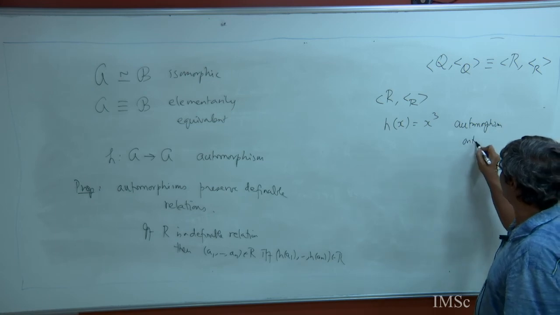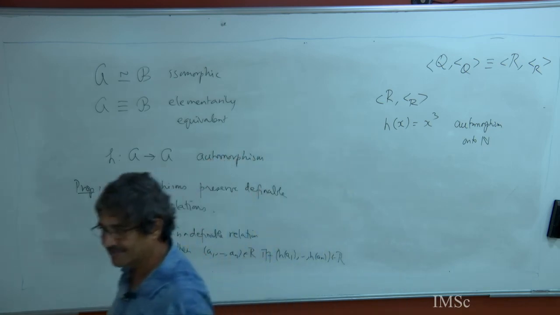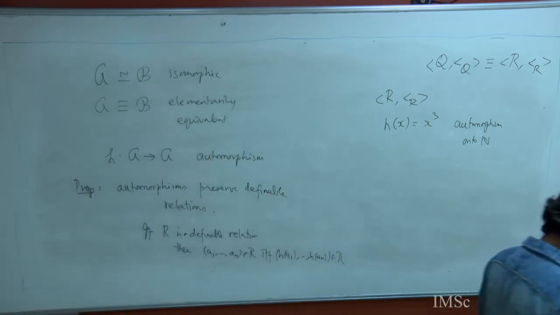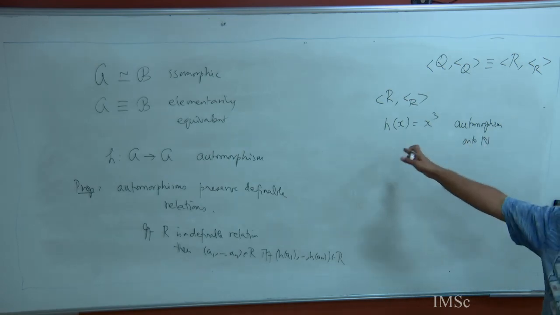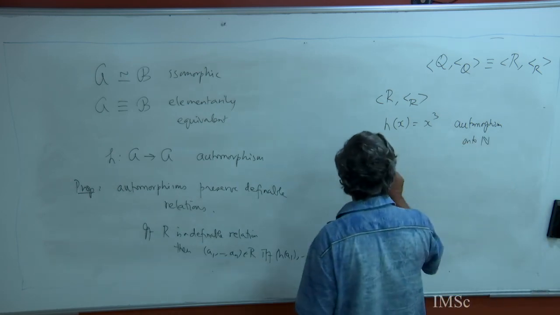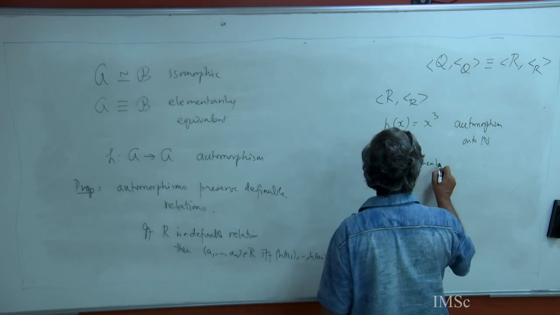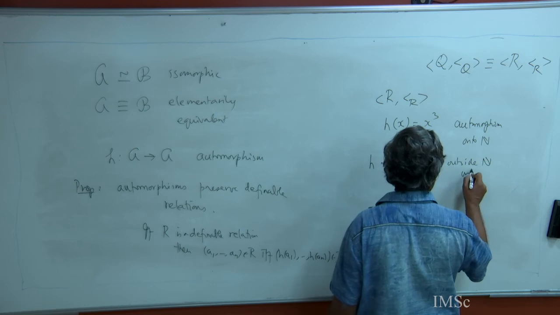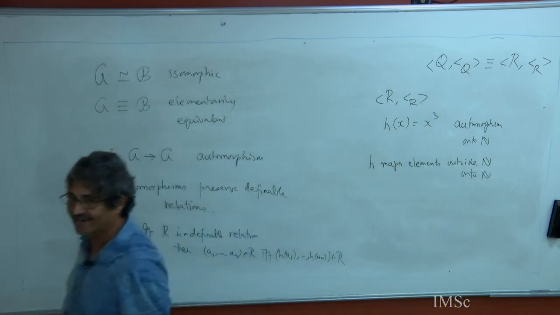In fact, it's an automorphism onto natural numbers, right? Because the cube root of every natural number is sitting in the reals, right? So H maps elements outside N onto N, possibly outside N, right?